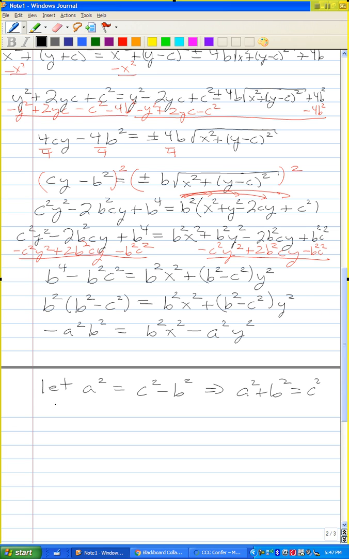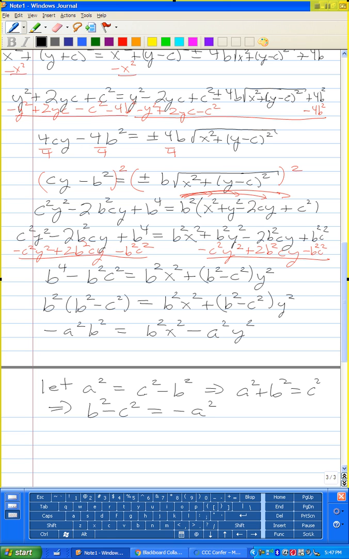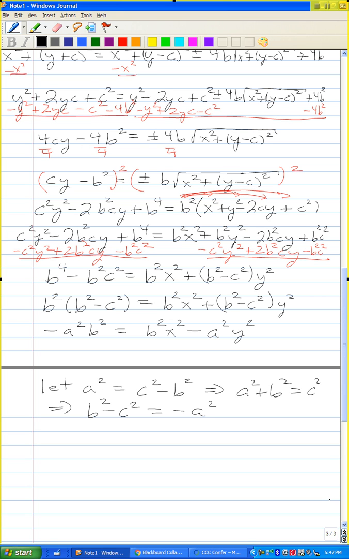Since b squared minus c squared equals negative a squared, just multiplying both sides of that equation by negative 1. And so let me divide by negative a squared b squared.